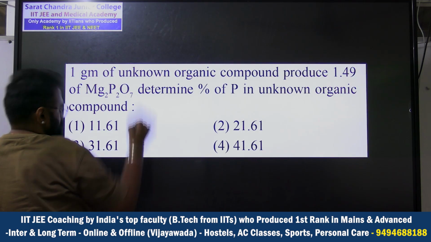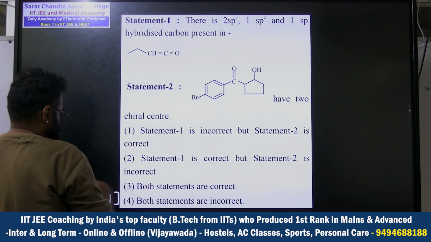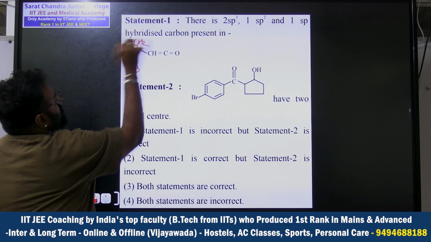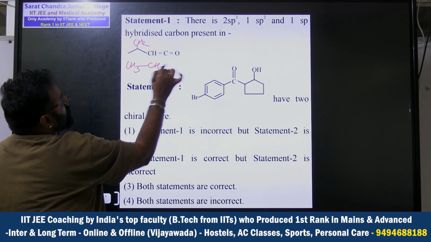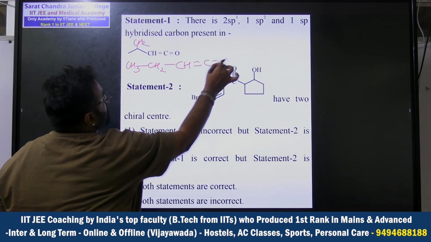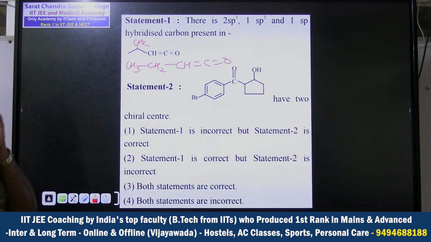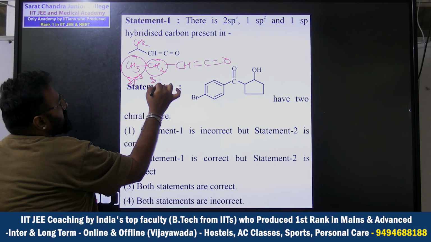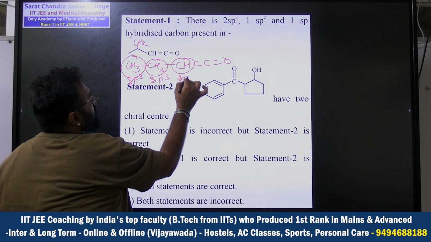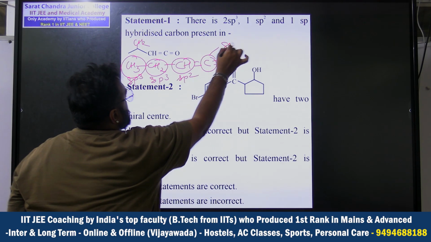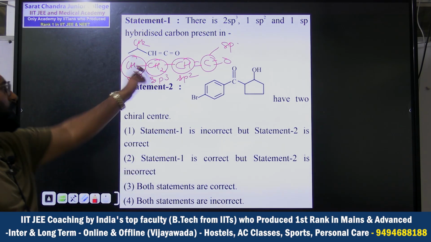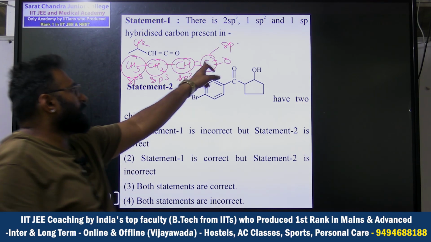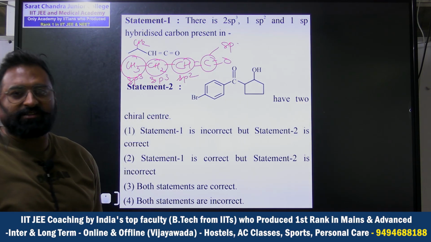This is CH3, this is CH2, so CH3, CH2, CH double bond, C double bond O. So this is sp3, this is sp3, this is sp2, and this carbon is sp. So 2 sp3 correct, 1 sp2 correct, 1 sp correct. So statement number 1 is correct.